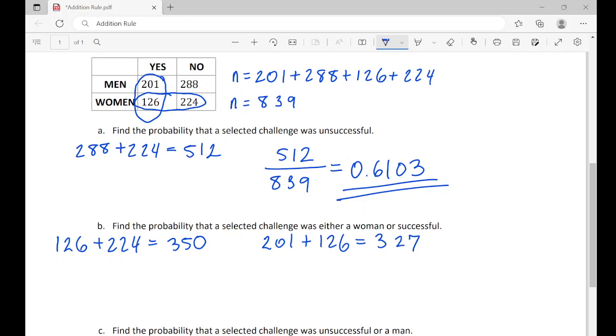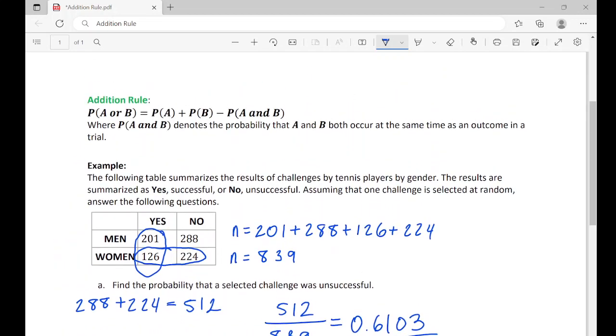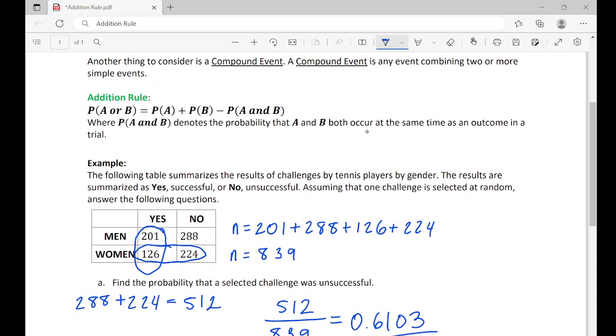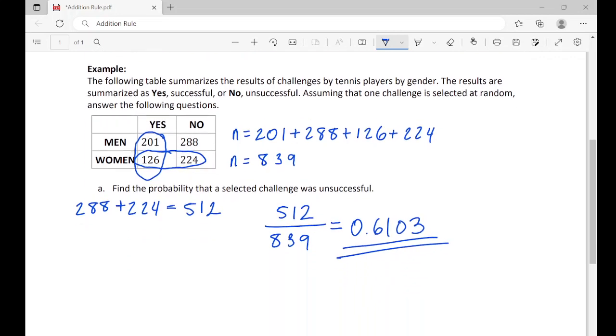If you remember what the rule states up here, that is an event occurring at the exact same time, P(A and B). So the probability of selecting a woman and it being yes is the P(A and B). We're going to find the probability of A, selecting a woman, the probability of B, selecting a successful challenge, and subtract the overlap, the 126.